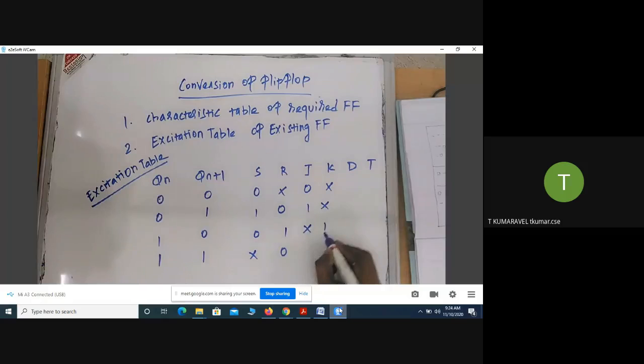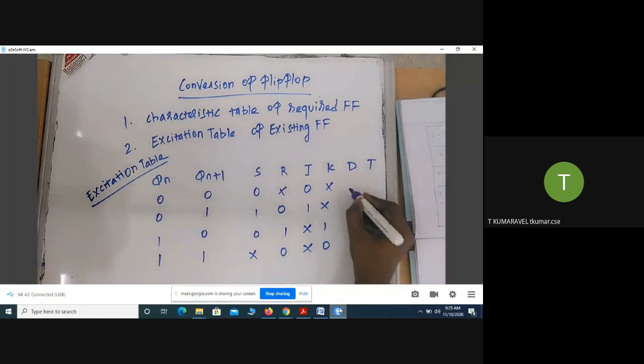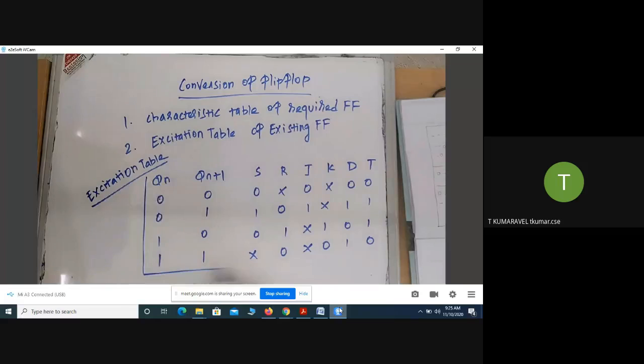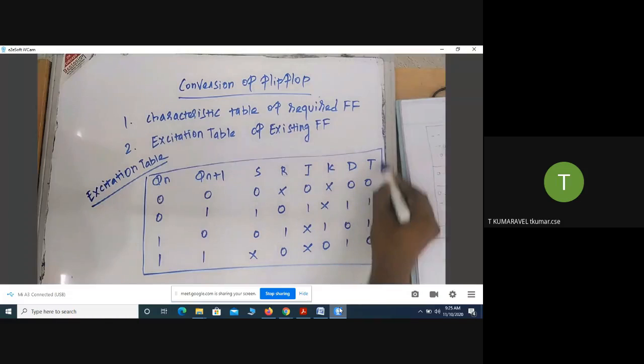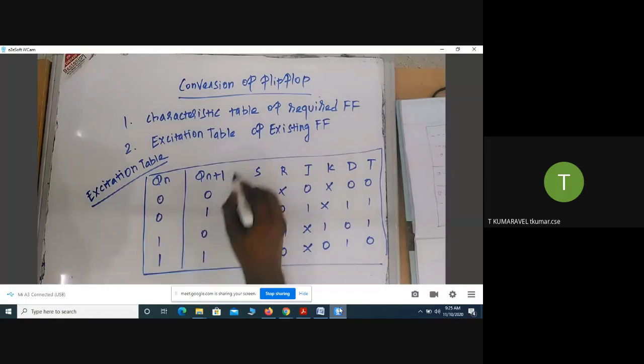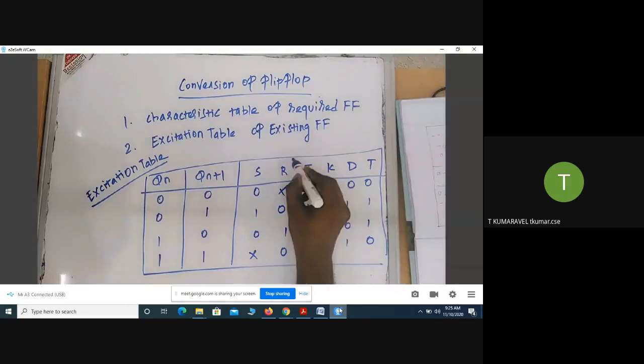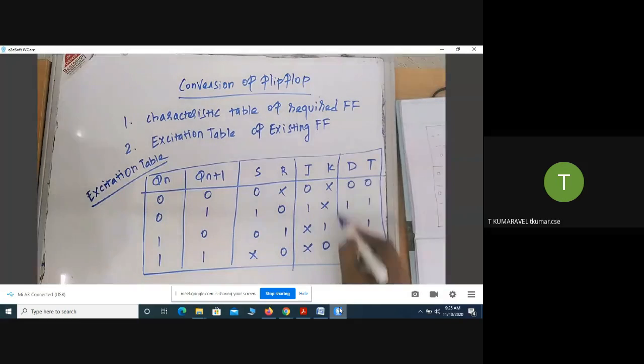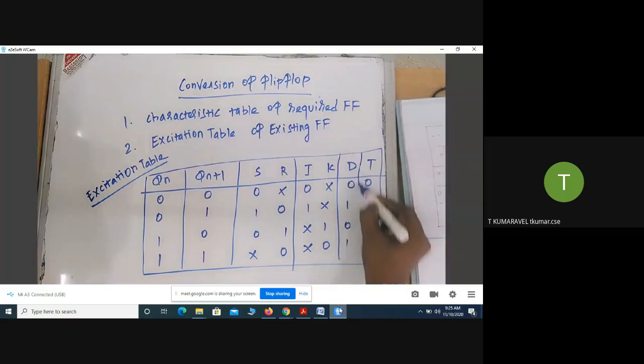The X is called a don't care condition. 0 0 1 1 0 1 1. This is the excitation table for all the flip-flops. This is for JK, this is for SR, this is for D, and the last one is for T flip-flop.